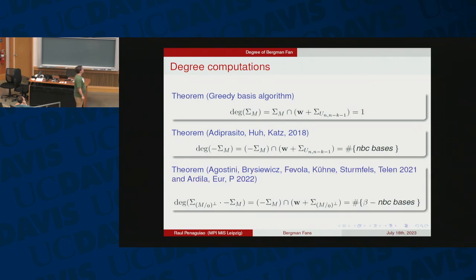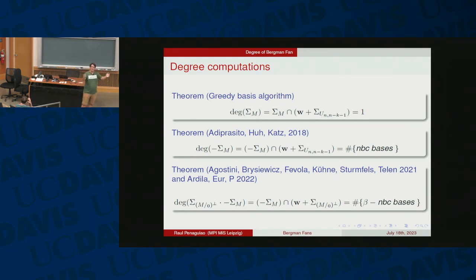And what was done later by Agostini and many other people in 2021 was that if we find these other 2 tropical varieties and we take their intersection numbers, we get the number of beta NBC bases. And at this point, we thought, OK, maybe we can find a bijection between this number of intersection points and the bases.